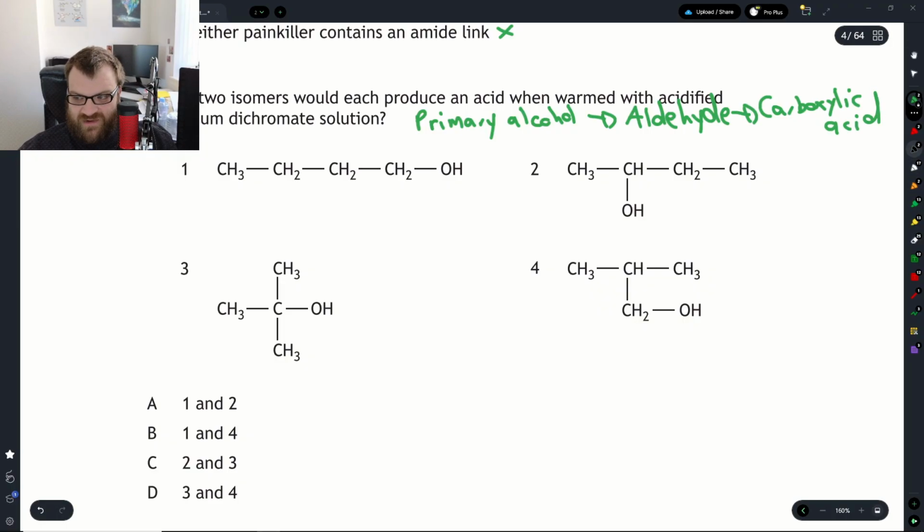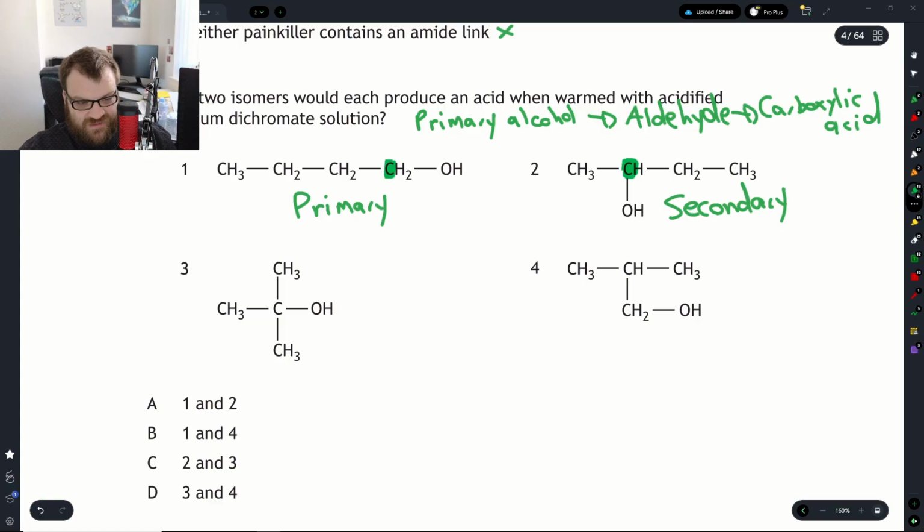To figure that out, we look at the carbon attached to the hydroxy group. So this one has the OH on it. It is joined to 1 other carbon, meaning this will be a primary alcohol. On to the next one, we're focusing on this carbon because it's got the attachment to the OH group. This is secondary because there are 2 carbons attached to that carbon.